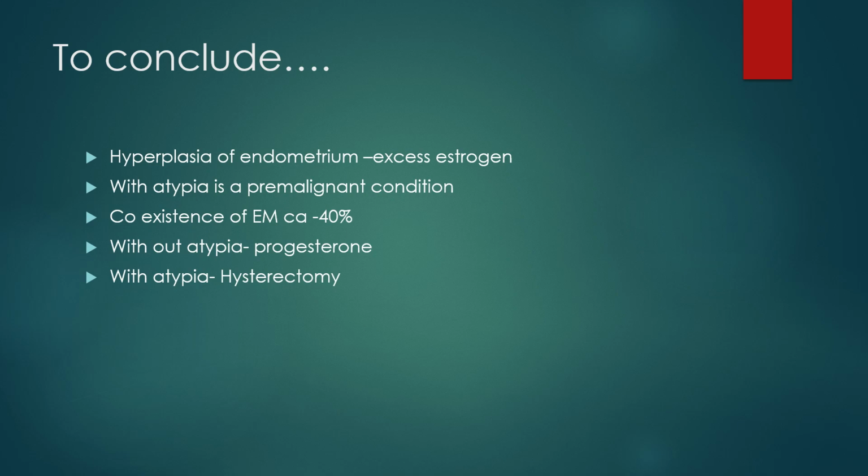To conclude, hyperplasia of endometrium occurs whenever there is excessive estrogen stimulation in the absence of progesterone. Hyperplasia with atypia is a premalignant condition which can develop into carcinoma endometrium in 8% of the cases, and there is a chance of coexisting endometrial carcinoma in more than 40% of the cases.